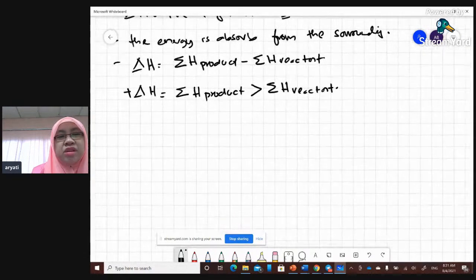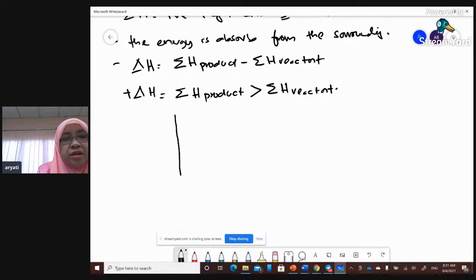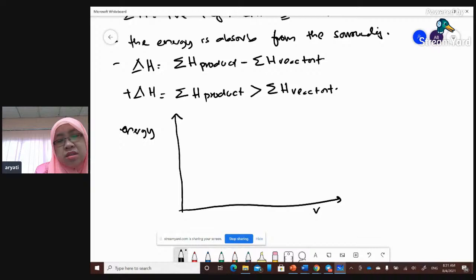Okay, so if we draw the energy profile diagram for endothermic reaction, so this is energy. So this is the reaction progress. So dia kata atas sebelah sini left side mesti reactant, so right side ialah product. So dia kata enthalpy of product is higher, reactant is lower. So reactant dekat bawah, product dekat atas.